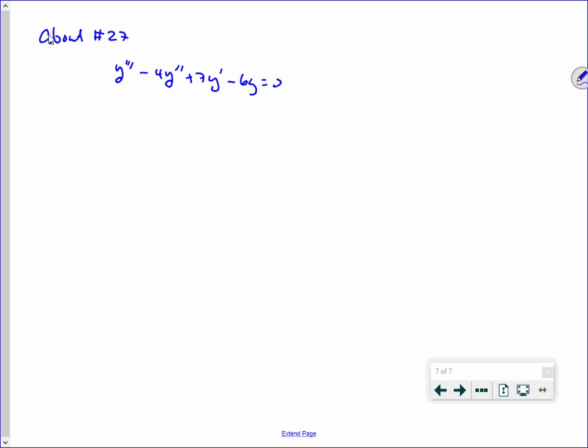So you're going to have an auxiliary equation of r cubed minus 4r squared plus 7r minus 6 equals 0. Now, I'm not going to solve this, but we have to figure out how to solve that thing.